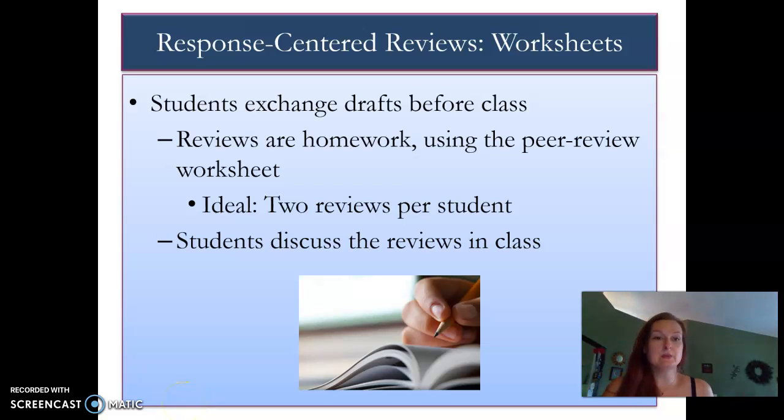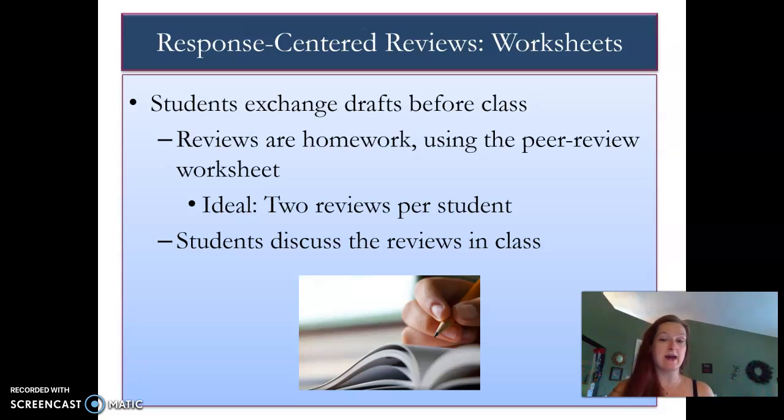So it's a good thing to provide worksheets, because it always is with peer review. This is a situation where they would exchange drafts before class. The reviews would be homework using that peer review worksheet. So in this case, this is not in-class face-to-face. This is a take-home. So you send them home with that worksheet. Ideally, you'd have 2 reviewers per student, so everybody gets at least 2 different people's responses.